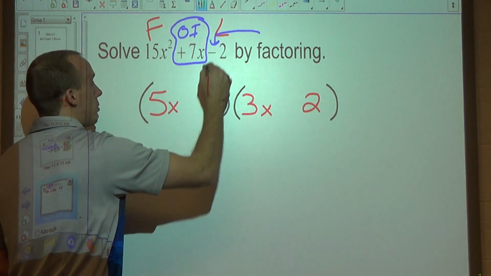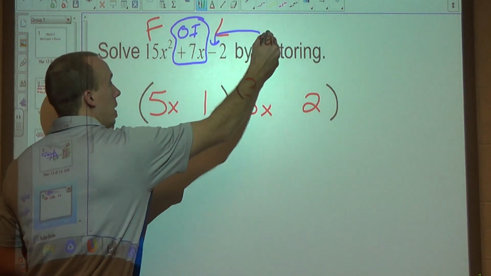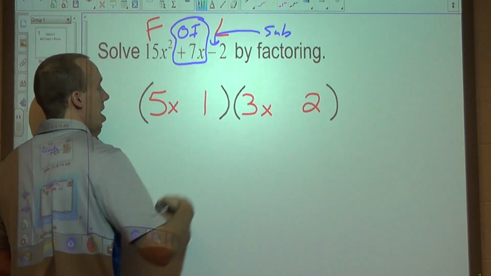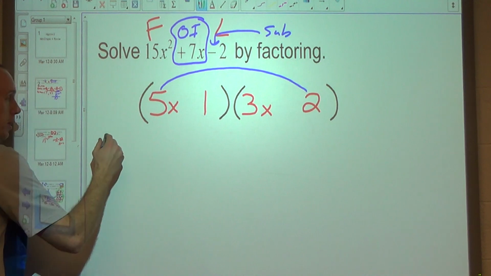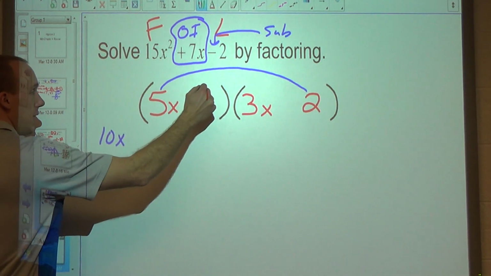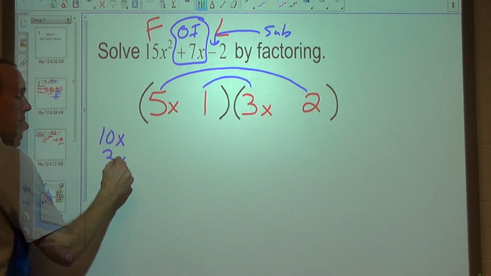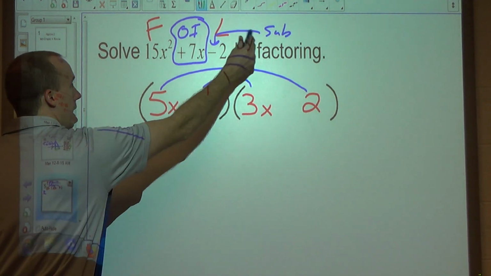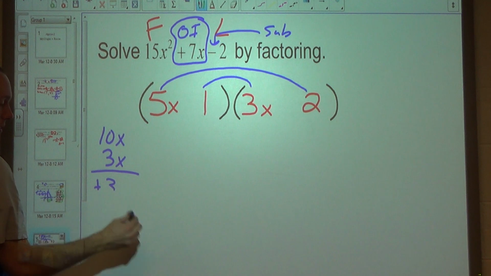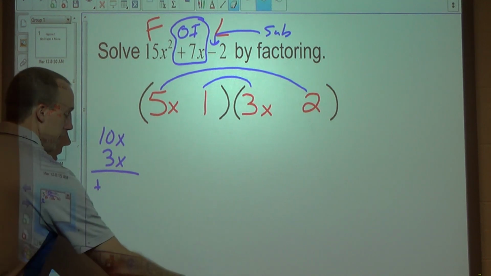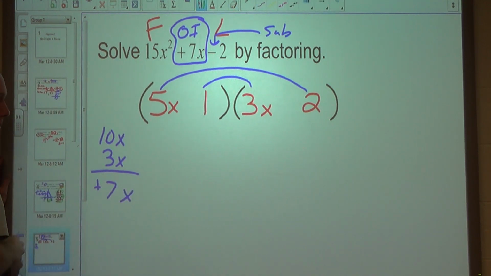Am I adding or subtracting to get to my middle term? I will subtract because that's negative there. So what does the outside here give me? 10x. What does the inside give me? 3x. Will that subtract to give me a positive 7x? Does it? Yeah. How do you get a positive 7x?